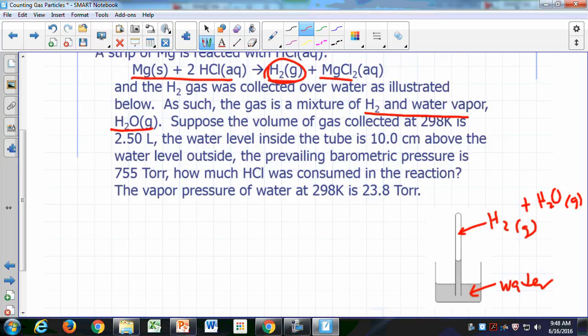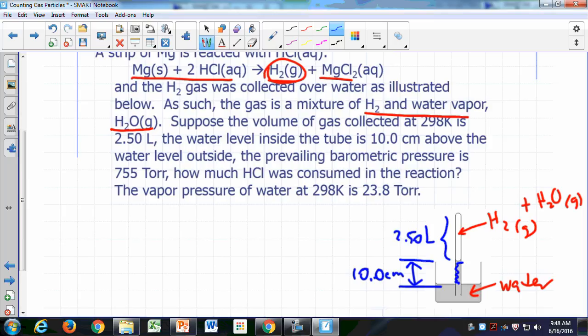Now let's say that the volume of this gas, which includes both hydrogen and water vapor, happens to be 2.50 liters. And the water level inside the tube is 10 centimeters above the water level outside the tube. So the height of this column, we say, is 10.0 centimeters.